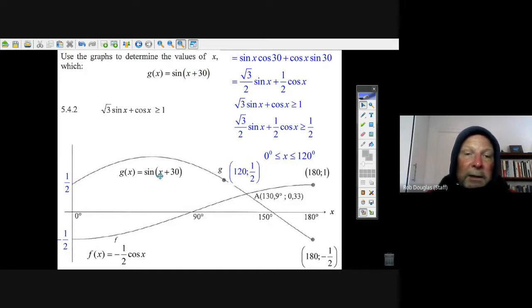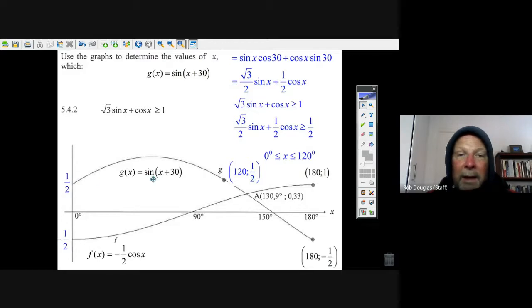Well, if you put in 0 degrees here, 0 plus 30, the sine of 30 is a half. And if you put in 120, 120 plus 30 is 150. And the sine of 150 is the same as the sine of 30. You should know that about sine theta and 180 minus theta. So I know if I put 120 in there or 0, I'm going to get a half.